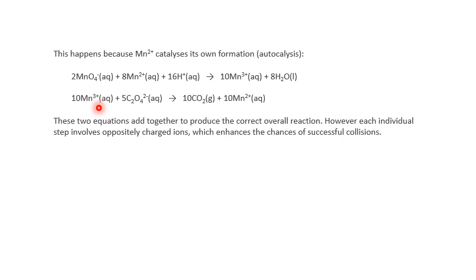And then the same is true in the second step, because now you have the positive Mn3+ and the negative ethane dioate. So that's the way that catalysis works. So as I say, don't attempt to memorize that. That's not something you're supposed to learn, but it's just illustrating how a transition element can act as a catalyst. So be aware that that ability to switch oxidation states is typically the key to that.